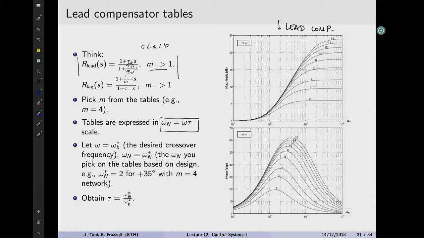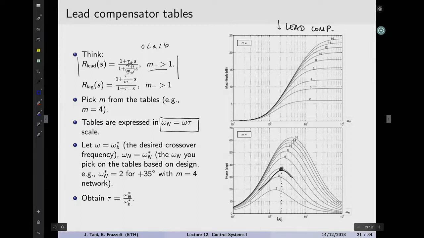We chose m equal 4, which is this line here, and we want to add roughly 35 degrees, so maybe this point here is a good one, okay? These are our design considerations: we have to add 35 degrees to get the desired margin of phase.